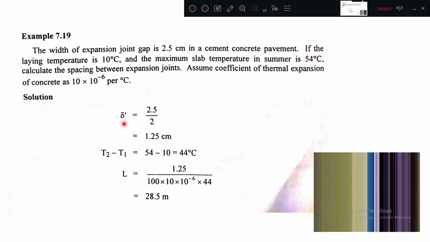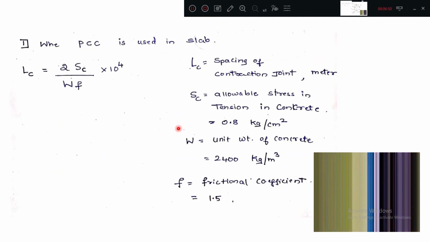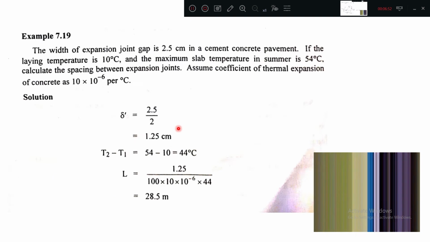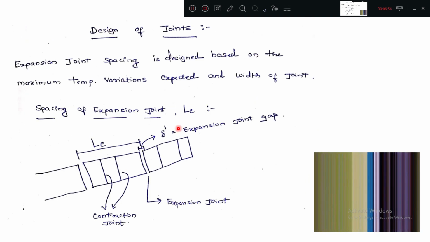Now how to calculate? Delta dash. Generally in this type of problem, if you see this diagram, this is the total delta. For one spacing, you should generally take half of this. This is a very important point. Whatever the gap is, half of that is used in the formula.